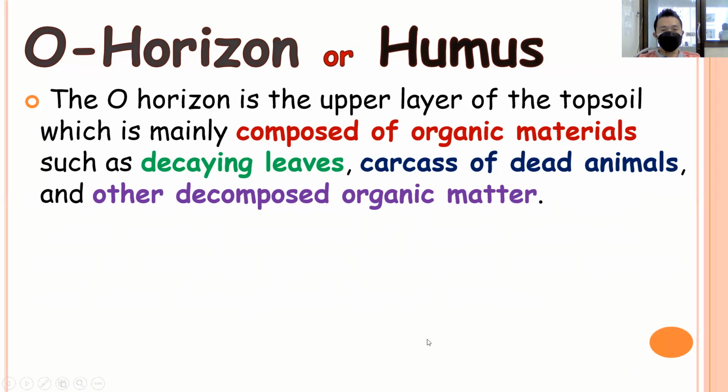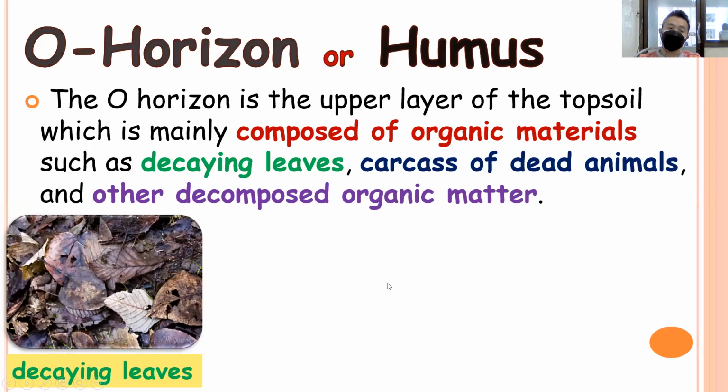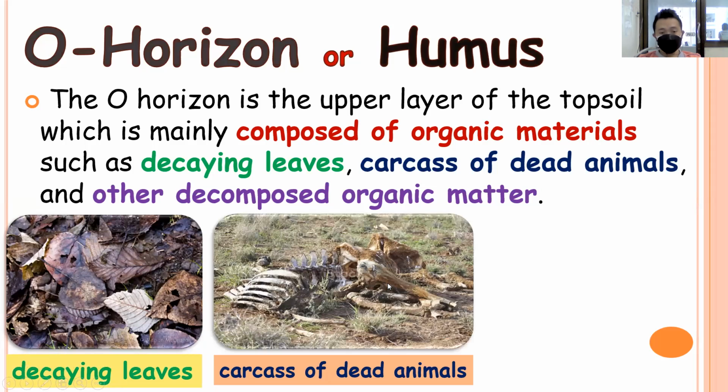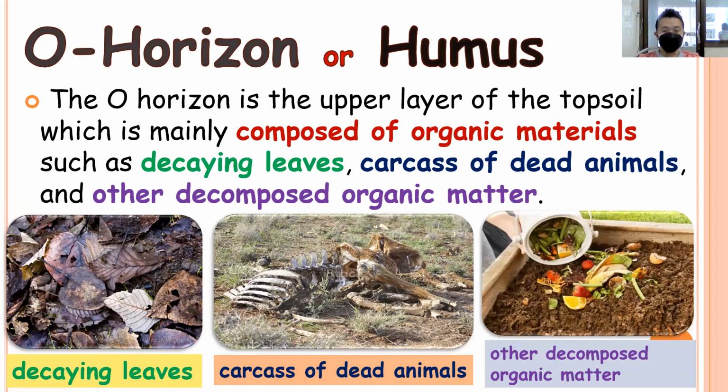So if you can see these in your garden, that means your garden is full of humus.